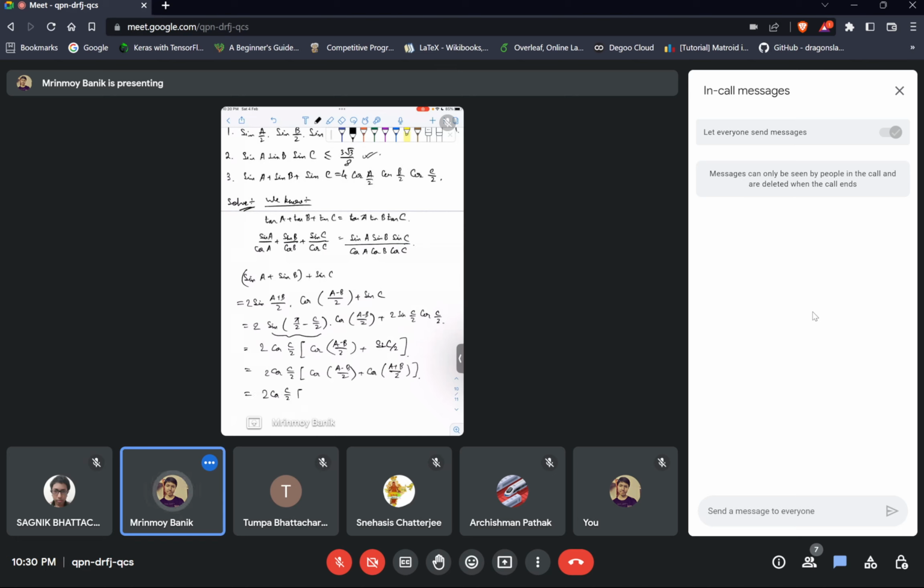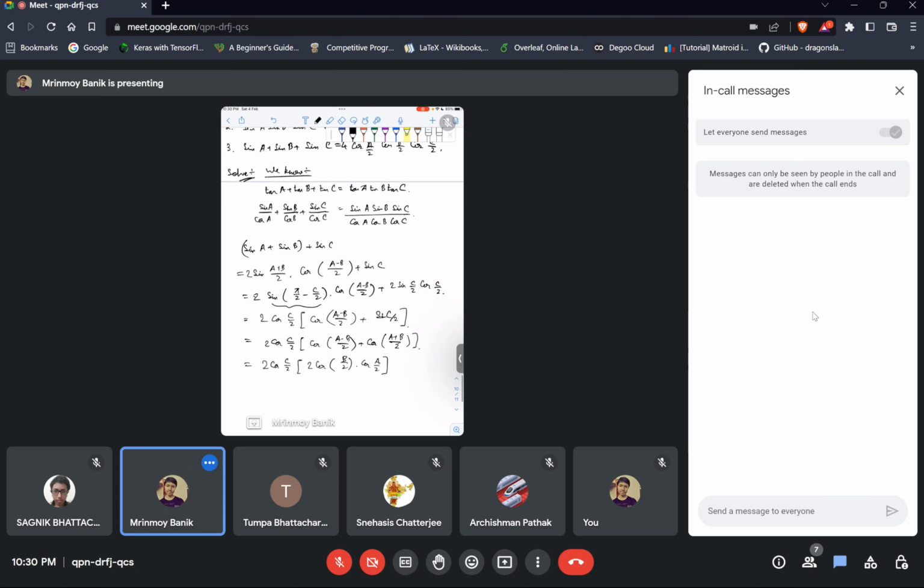And again use the formula for the sum of 2 cos as 2 cos A by 2 cos B by 2 cos C by 2. So it's 4 cos A by 2 cos B by 2 cos C by 2.